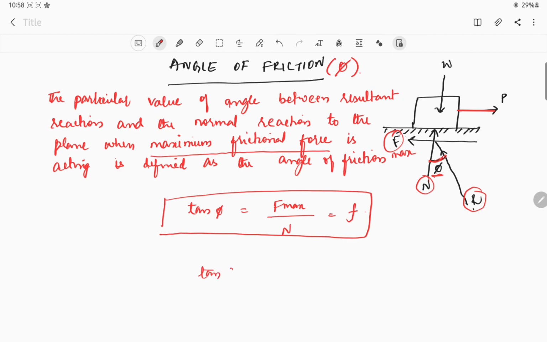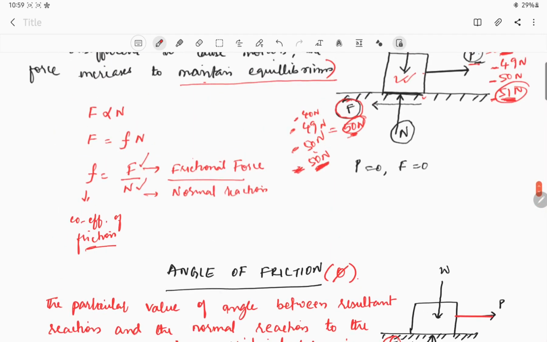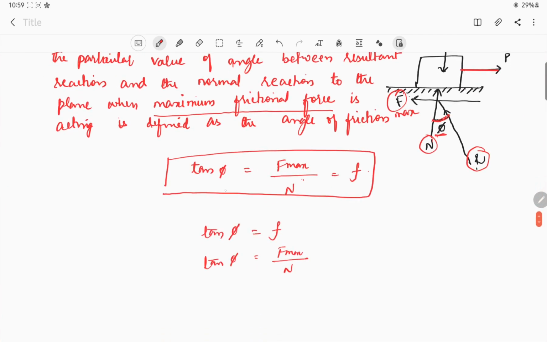Tan phi is nothing but your coefficient of friction, and tan phi is also F max by N, isn't it? The same thing, F max by N, we have seen here. Coefficient of friction, F by N, the same thing. Tan phi is F max by N. So these things are very, very important.